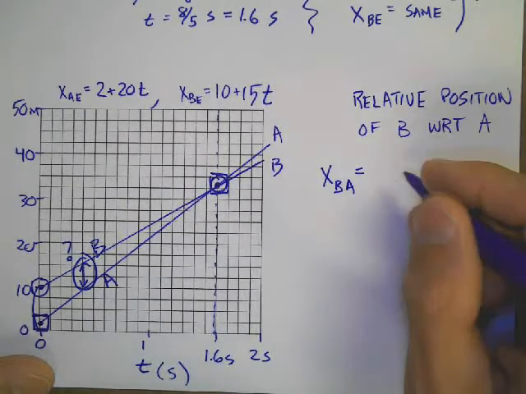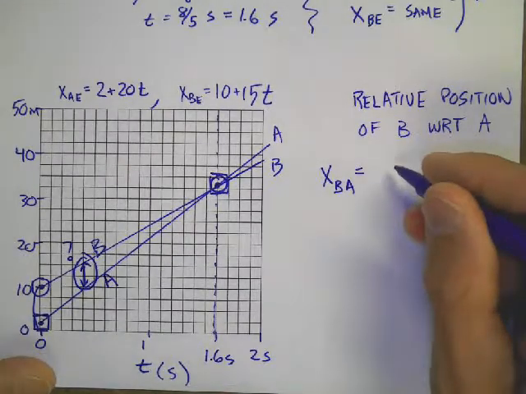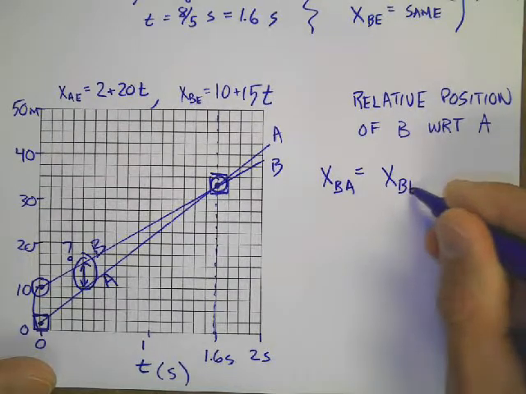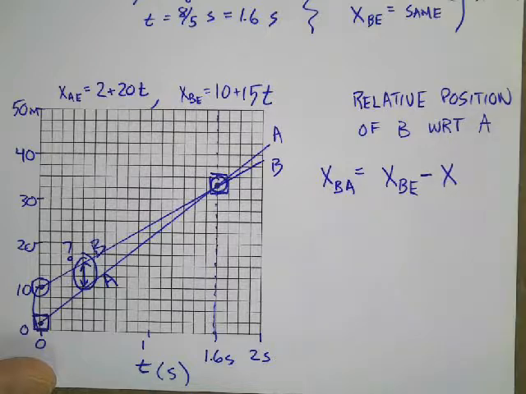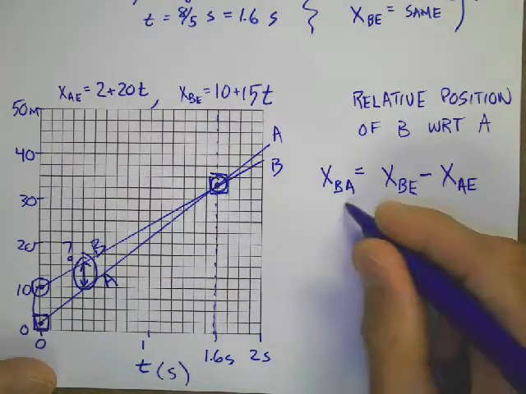you can get that by subtracting, and you would take, for example, the position of B with respect to the Earth minus the position of A with respect to the Earth. This is kind of like a chain rule.